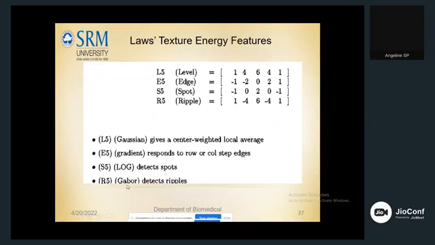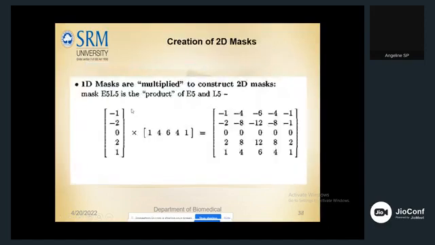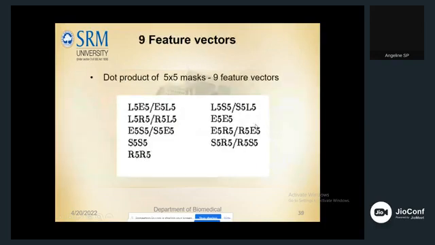Then you have a Gabor detector. This will be detecting the ripple information. So you have different masks. This mask can be multiplied with another mask. So E5 and L5 we are multiplying and we are getting one two-dimensional matrix. This can be applied as a mask and it can be used for extraction.